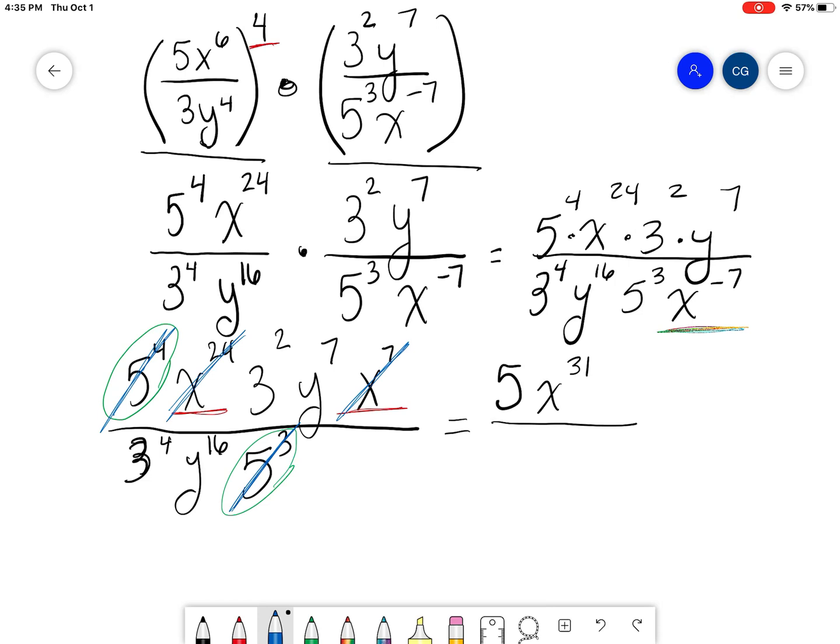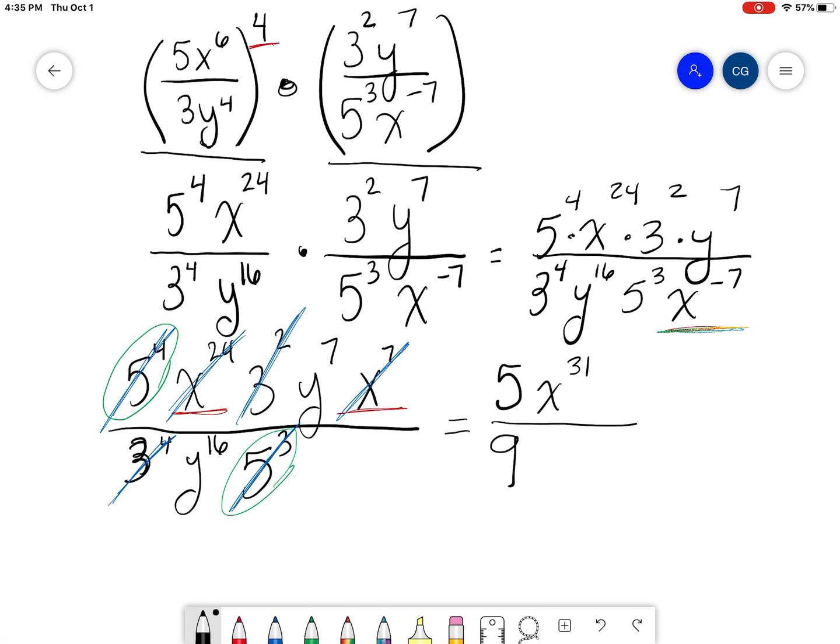Let's take care of the 3s now. I have 2 3s upstairs, and I have 4 downstairs. So I have 3 times 3 upstairs, and I have 3 times 3 times 3 times 3 downstairs, which means if I cross off 2 3s upstairs and 2 3s downstairs, I'm left with 2 3s downstairs. So I have a 3 times 3 downstairs, which gives me a 9.